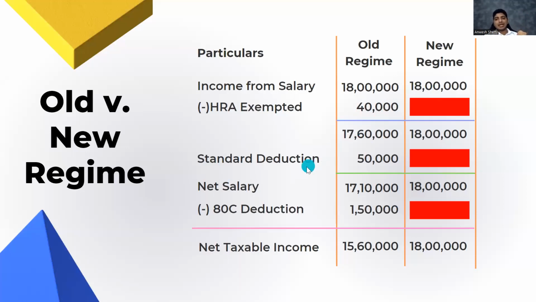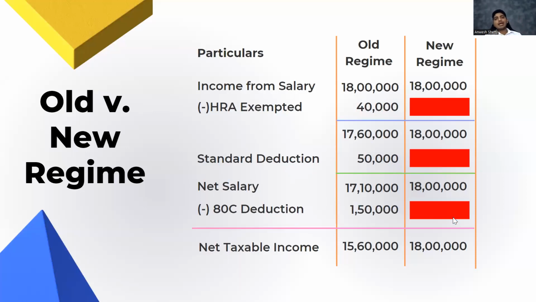Again, talking about standard deduction for a salaried employee, in the old regime 50,000 rupees of deduction is allowed, but in the new regime, the 50,000 deduction is not allowed. Again, in the old regime, 80C deduction is allowed, but in the new regime, it is not allowed.